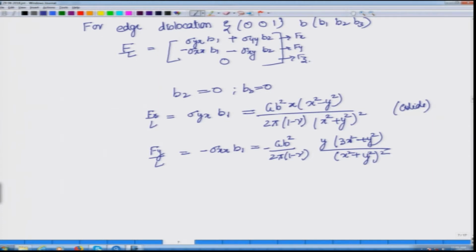So, on dislocation 2, this is the glide force that we have calculated, and this is the climb force that we have calculated. And since we have expanded sigma y x like this, it means that we are assuming that this stress sigma is arising from a single dislocation, from a single edge dislocation.